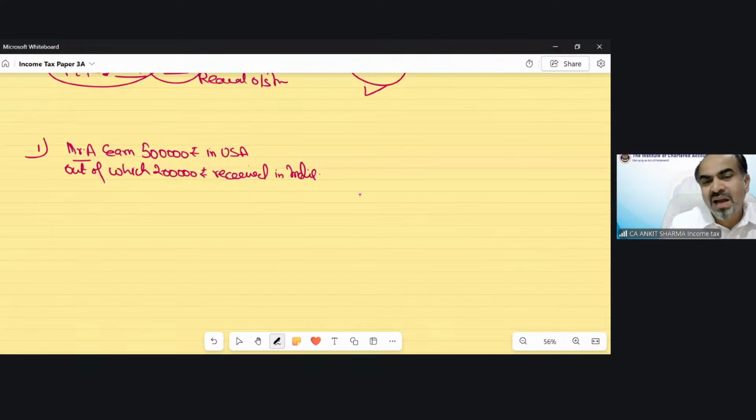Now if I ask you, in case of ROR, RNOR and NR, how much of this income is going to be taxed in these three categories of person? Mr. A earned 5 lakh in USA, out of which 2 lakh rupees received in India. So how much is going to be taxed in ROR, RNOR and NR?